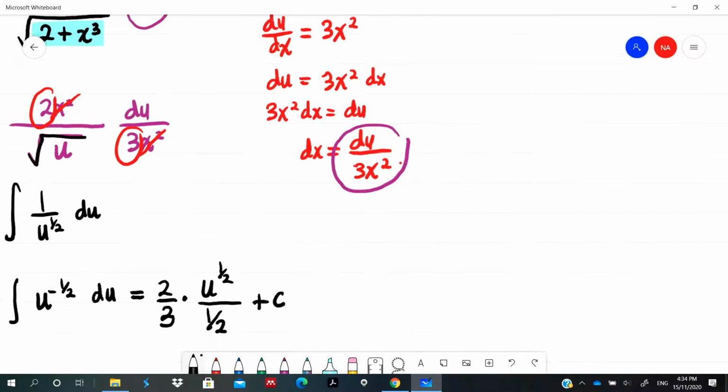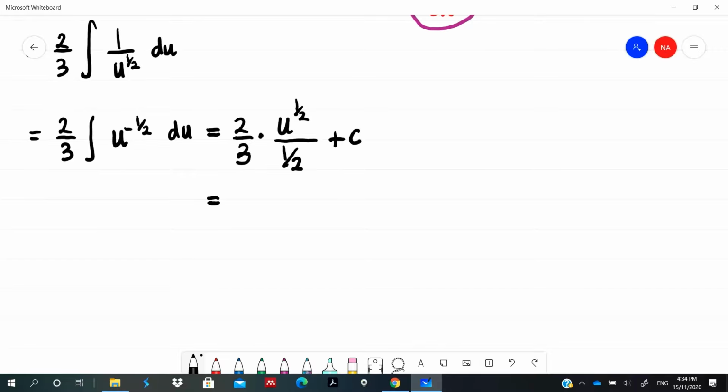So we can simplify this. We'll have 2 over 3, and this one will actually give us 2 square root u. So this can be simplified as 2 square root u, plus c. We can multiply this 2 with 2, and it will become 4.